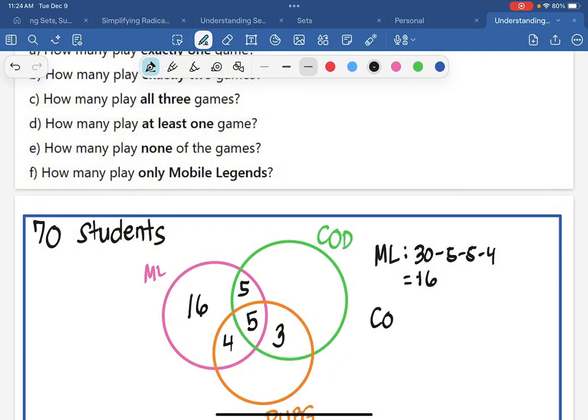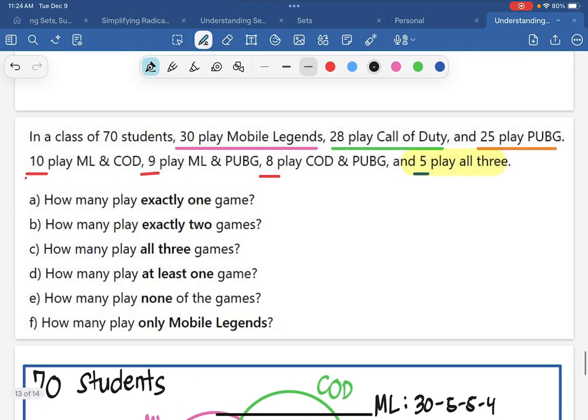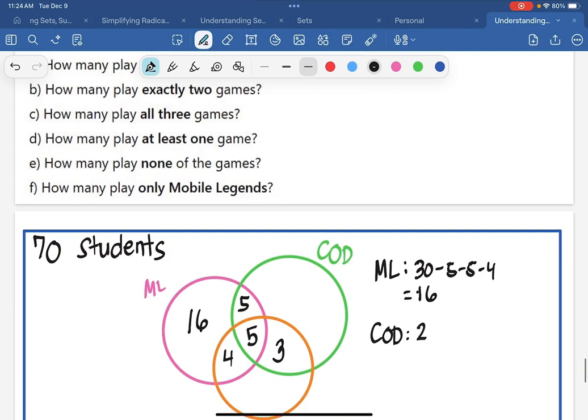Let's have COD. COD, we have 28. So again, you subtract it, limited to the circle of COD only, which are the numbers 5, 5, and 3. So 5 minus 5 minus 3.